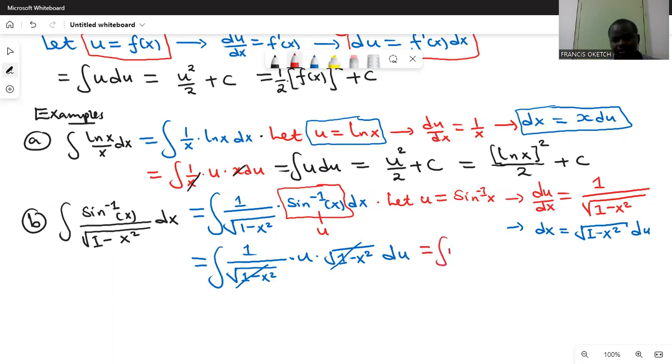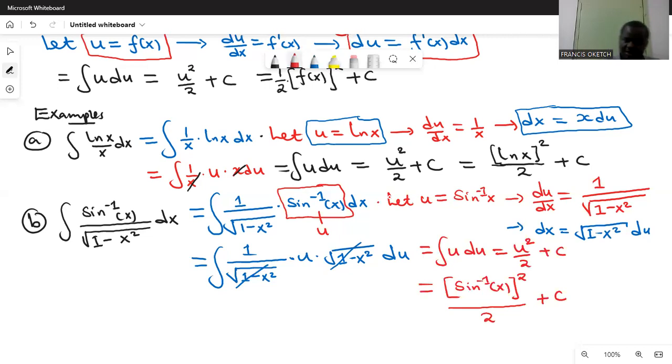It is the integral of u du, which is the same as u squared over 2 plus a constant c. But what is u? We replace that, and you said u is sine inverse of x. So it will be sine inverse of x, this one should be squared, everything divided by 2 plus a constant c of integration. You see how this kind of integrals, they look very nice when you're dealing with them.